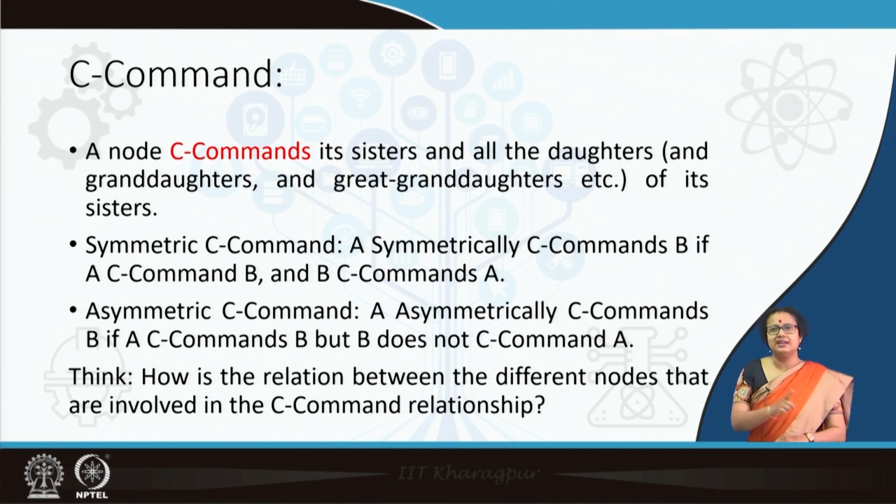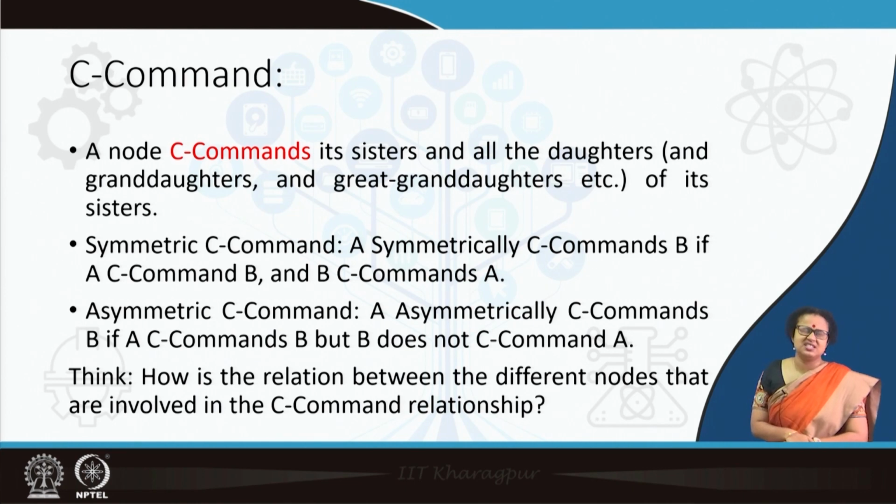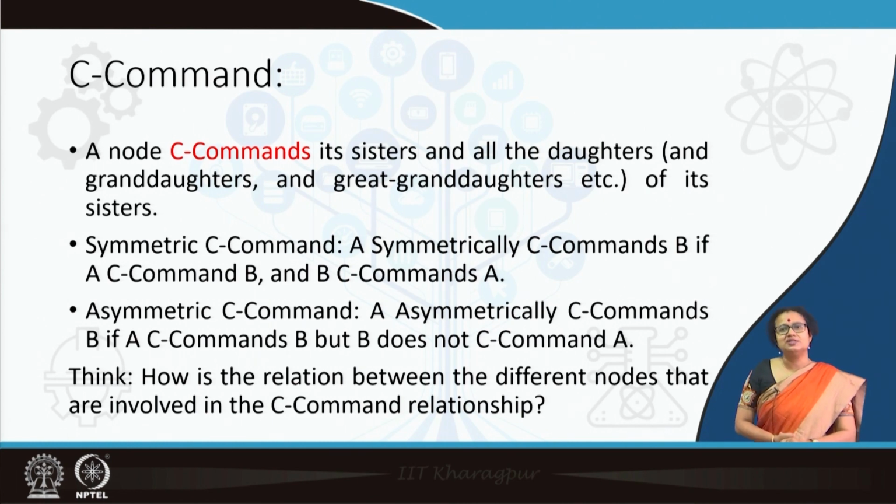So, A can C command the sister's daughter, but the sister's daughter cannot C command A. This is a relationship of asymmetric C command. So, these are new definitions. So, it is advised that if you spend some more time and also go through the key reference that I will suggest and read, it will be easier for you to figure out.